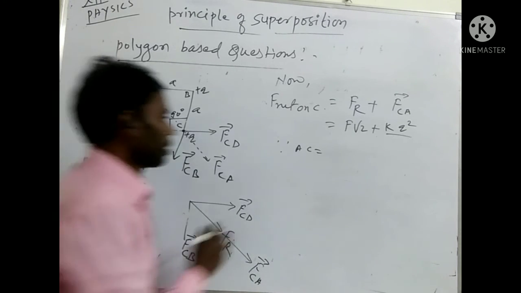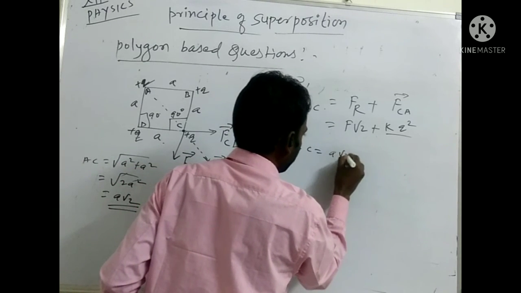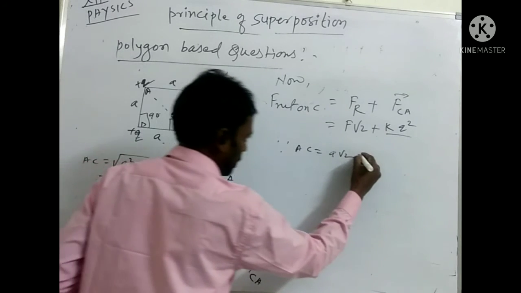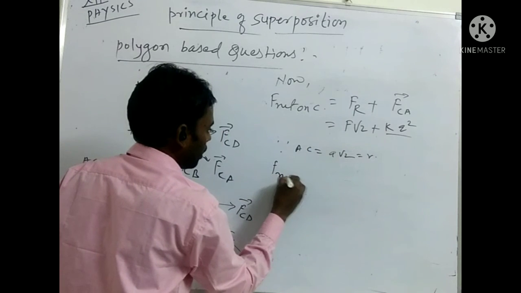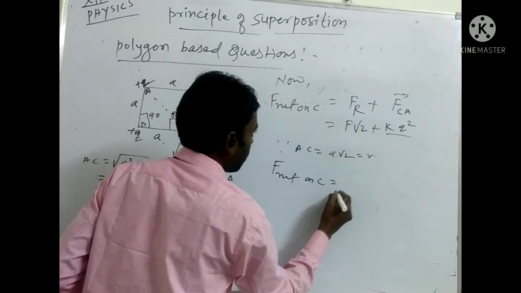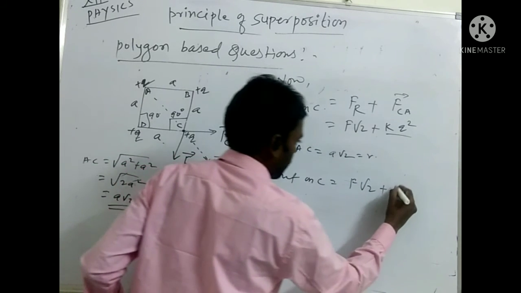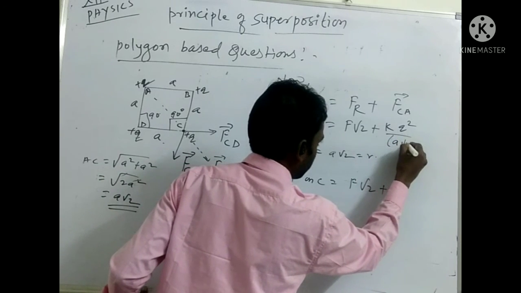This distance we have to use in place of r. And then the net force on C equals F root 2 plus kQ square divided by a root 2 whole square.